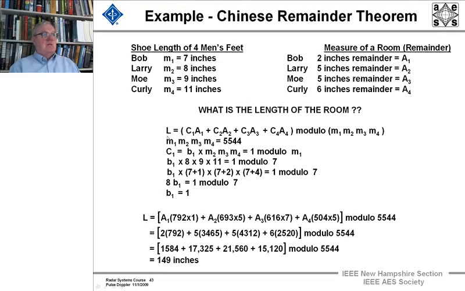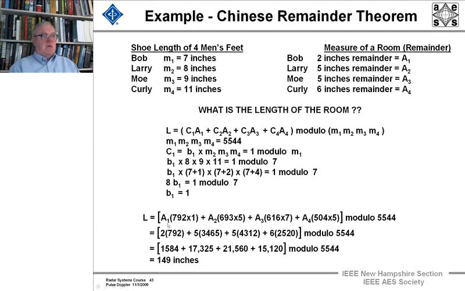And so the length of the room is just this. It's modulo M1, M2, M3, and M4. And the product of all the different M's is 5,544.